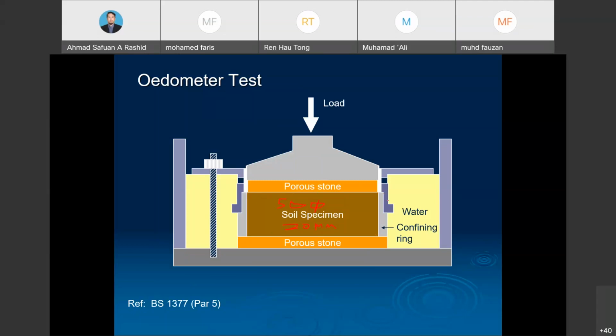This sample will be overlain and underlain by a porous stone. The porous stone allows water to exit from the sample during the loading process, and at the same time provides a rigid platform during loading. Maybe you wonder why we don't use filter paper.